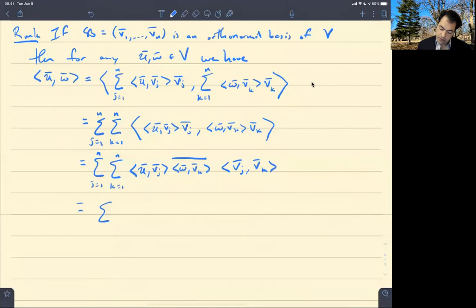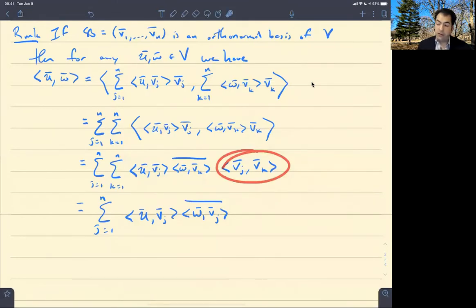So I have the sum, j goes from 1 to n. So here I can set, so that's j in here. Instead of k, I can put j. Right? And then it gets conjugated. And then this term I no longer have to write because it's just equal to 1 when it's not 0.